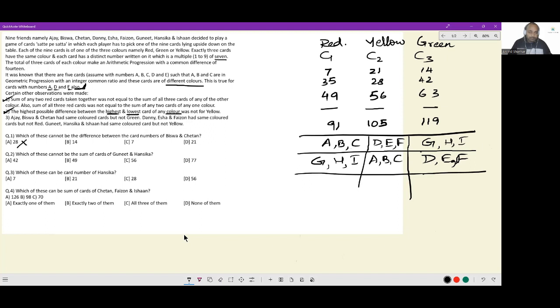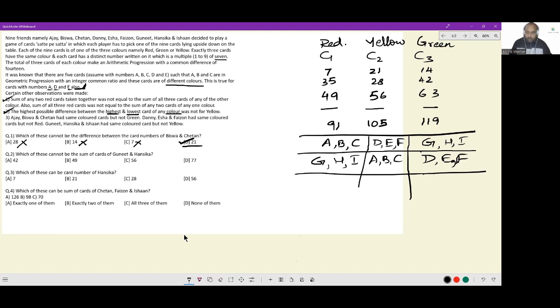So this is out. 14: for case number 1, 49 and 35, they can have a difference of 14. Can they have a difference of 7? For case 2, 28 and 21, Biswa and Chetan can have a difference of 7, but they can never have a difference of 21, and therefore that should be the answer.